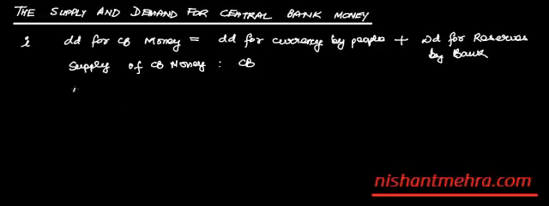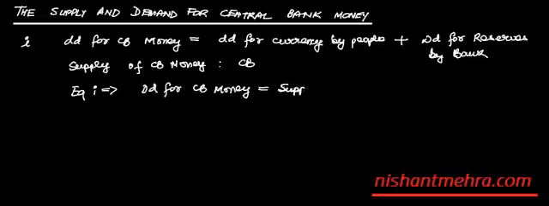And the equilibrium interest rate will be at the point where demand for central bank money is equal to supply of central bank money, right?